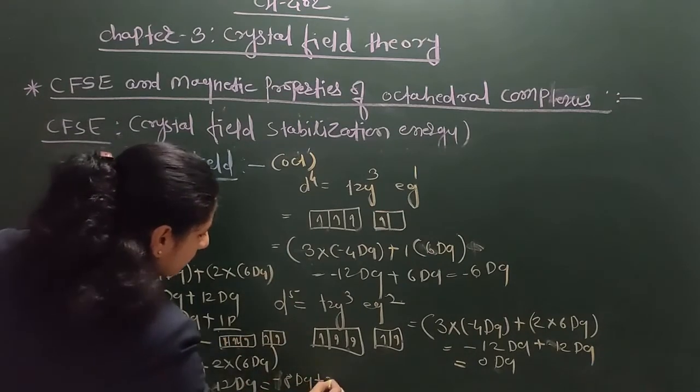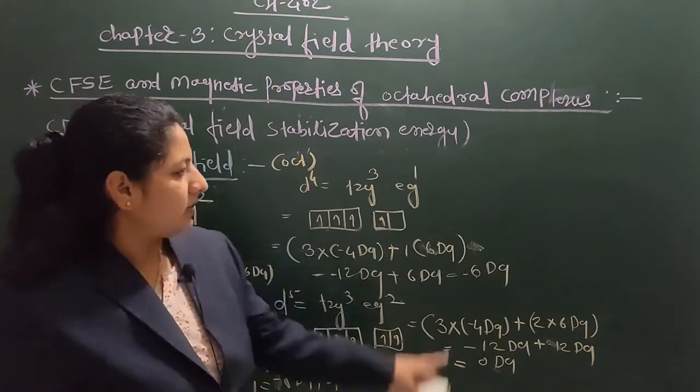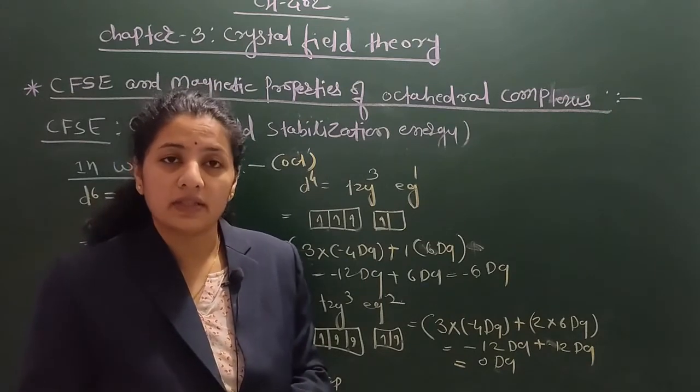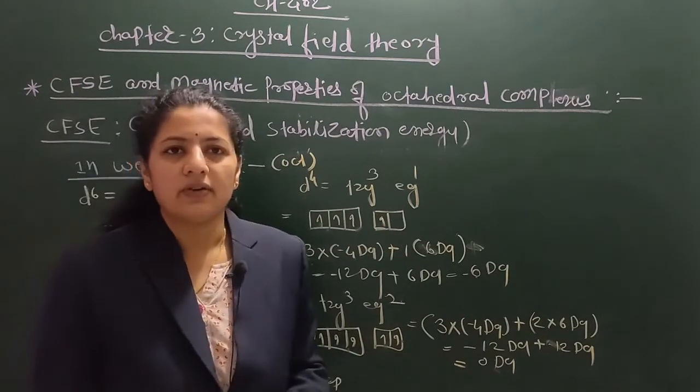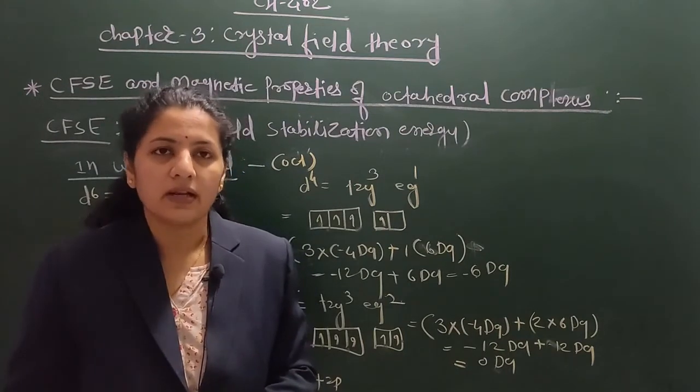So there will be 2 pairs, so 2p. So this is all about the distribution and CFSE of the respective ions for D4, D5, D6, D7 systems in strong field and weak field.